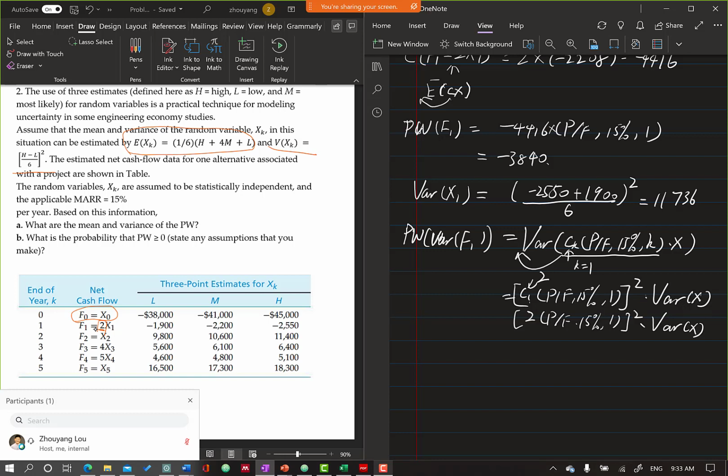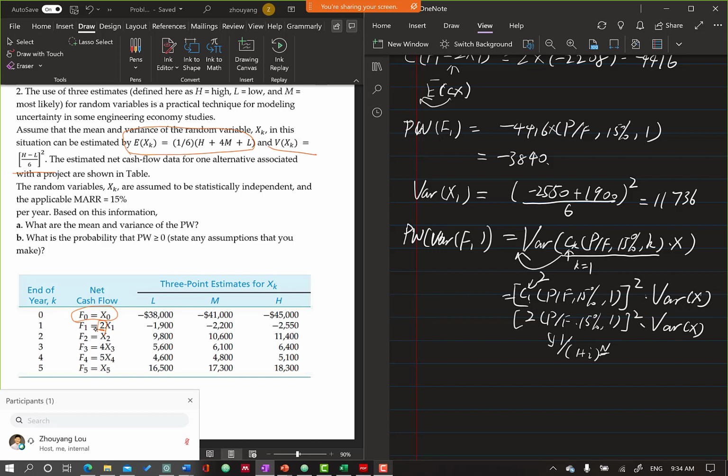And if you like to use the mathematical expression of the p given f factor, you will notice that it's just 1 divided by 1 plus i to the power of n, where n is the number of years.